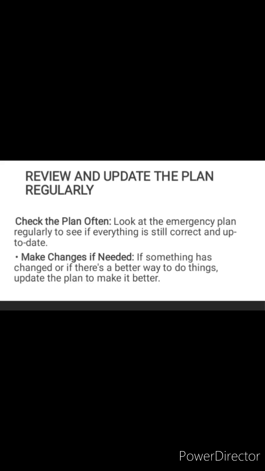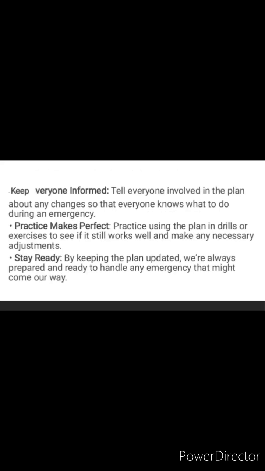Make changes if needed, if something has changed or if there is a better way to do things. Update the plan to make it better. Keep everyone informed, so everyone needs to know about the plan, in case something changes, so that others know what to do in an emergency.